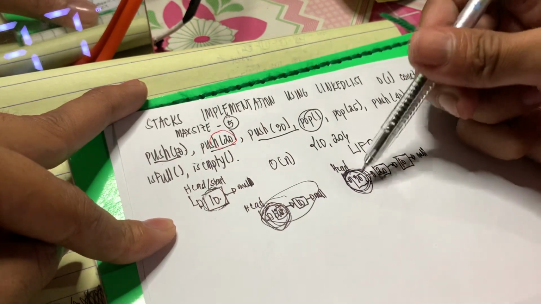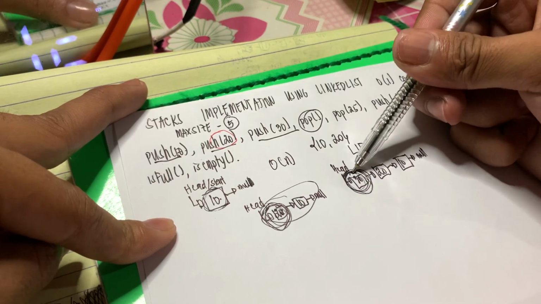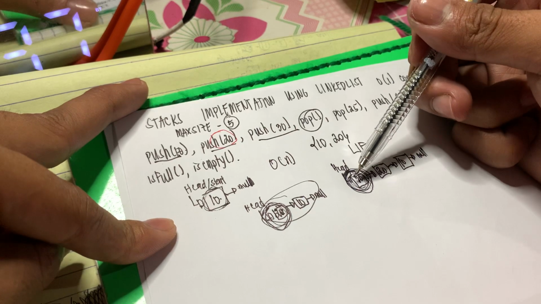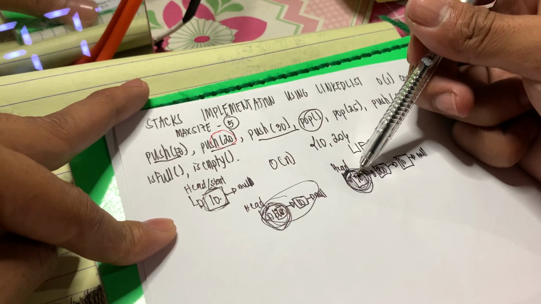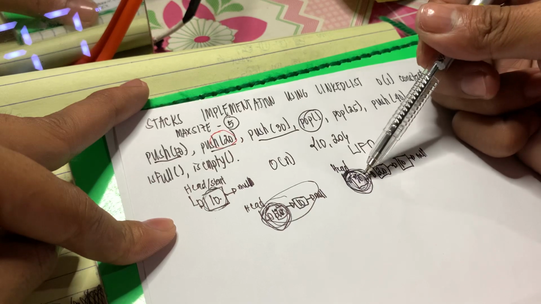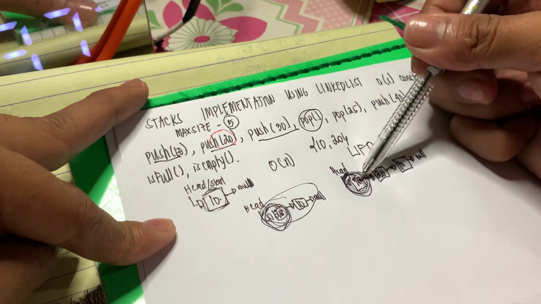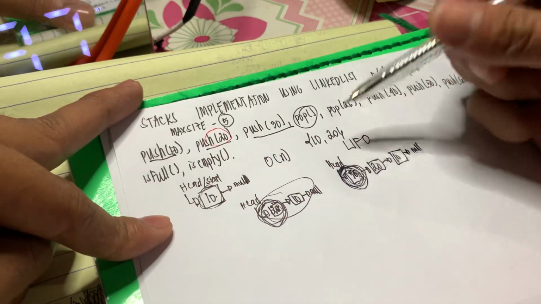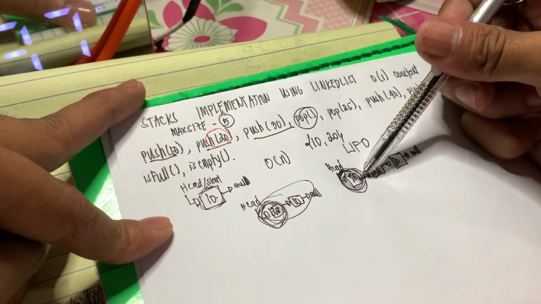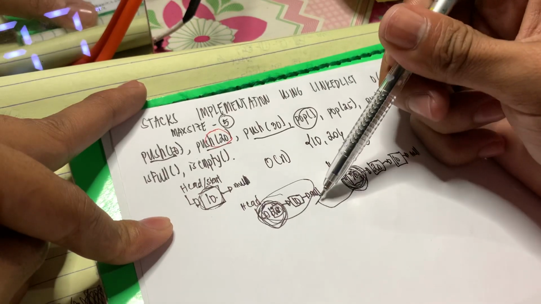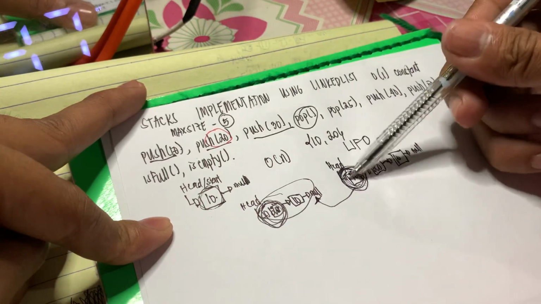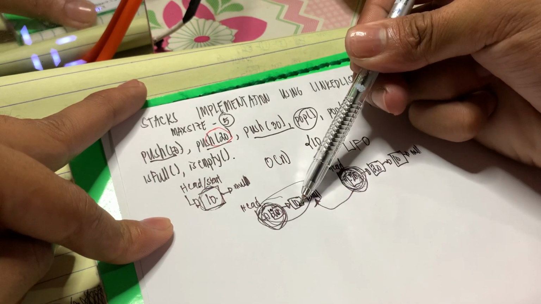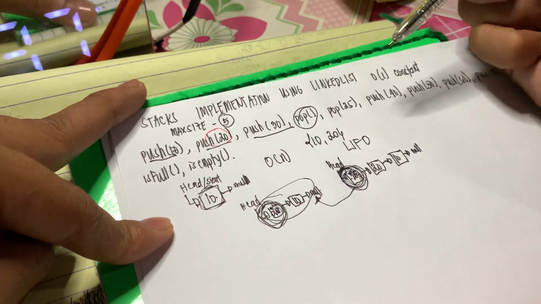Since we insert, or push, an element at the head point, therefore if we remove, or pop, an element, we also remove it first at the head point. So what will our linked list look like? Remove 30, so 20 will be the head, and 10 will be next and connected to null.